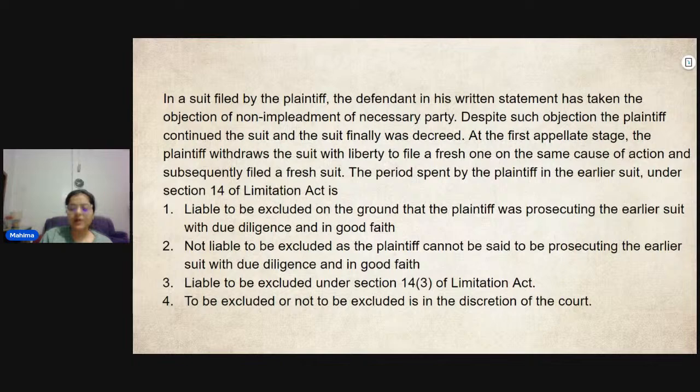The period spent by the plaintiff in the earlier suit under Section 14 of the Limitation Act is liable to be excluded on the ground that the plaintiff was prosecuting the earlier suit with due diligence and in good faith. Not liable to be excluded as the plaintiff cannot be said to be prosecuting the earlier suit with due diligence and in good faith. Liable to be excluded under Section 14 Clause 3 of the Limitation Act. To be excluded or not to be excluded is the discretion of the court.